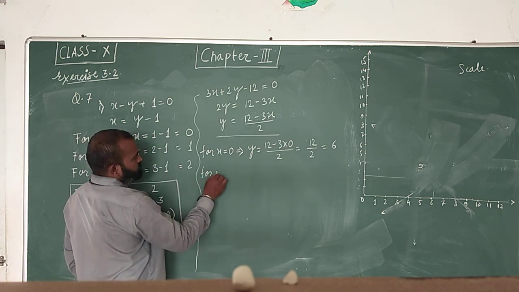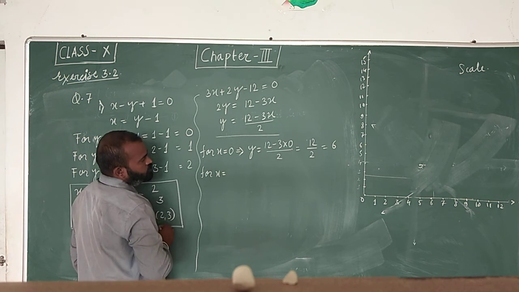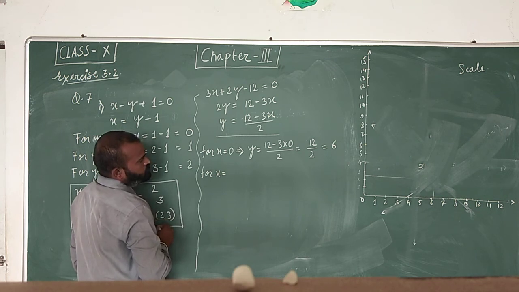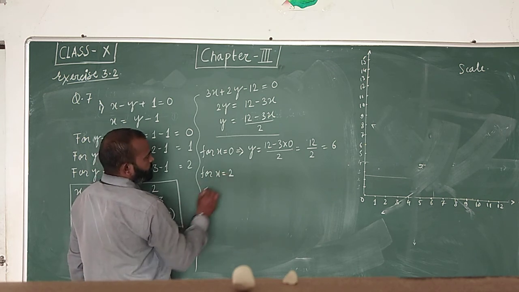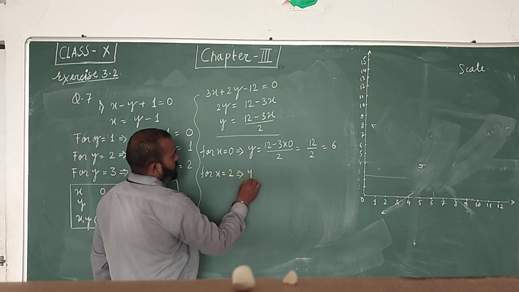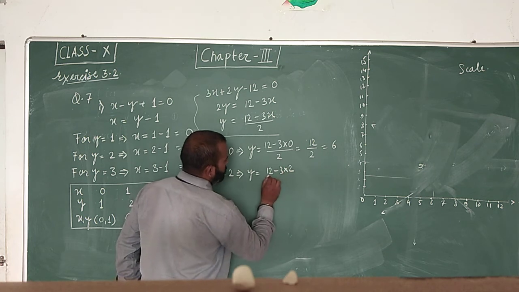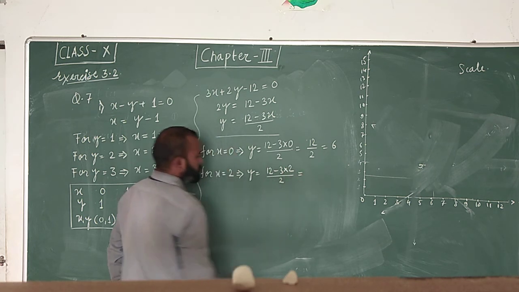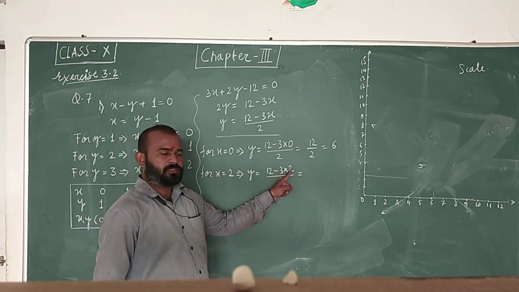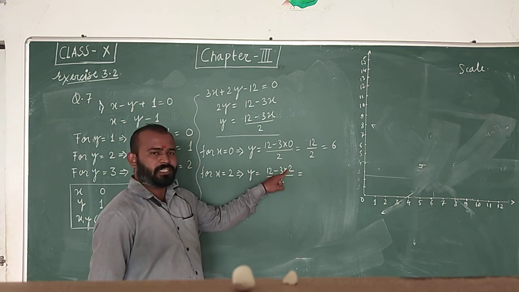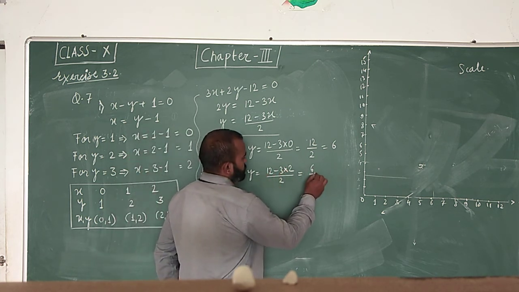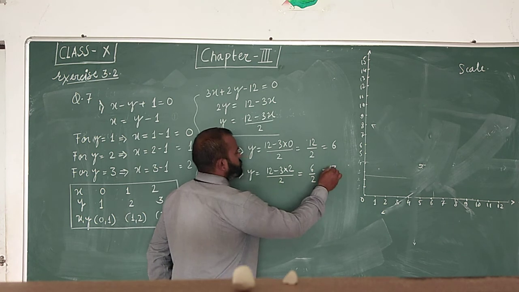For x is equals to 2, what will you get? y is equals to 12 minus 3 into 2 upon 2. 3 2s are 6. 12 minus 6 is 6. 6 by 2 is equals to 3.